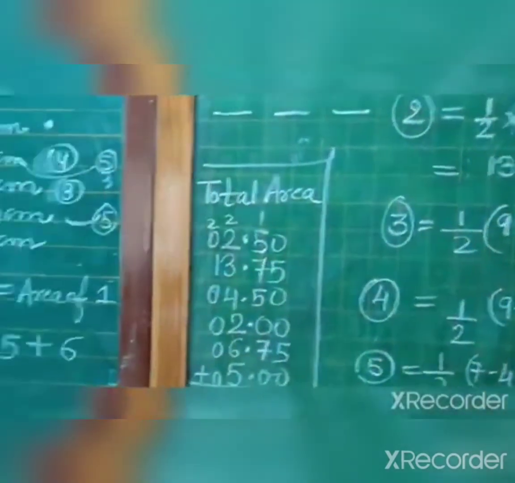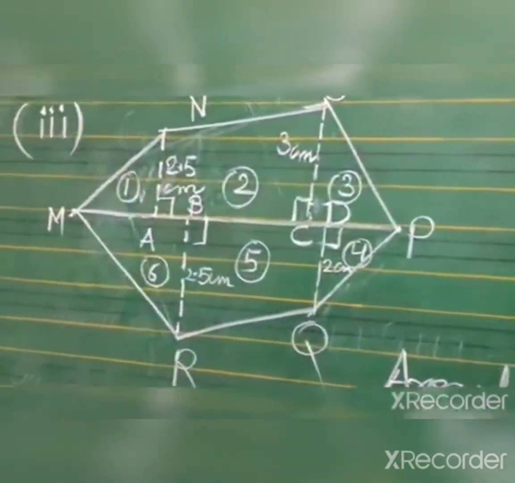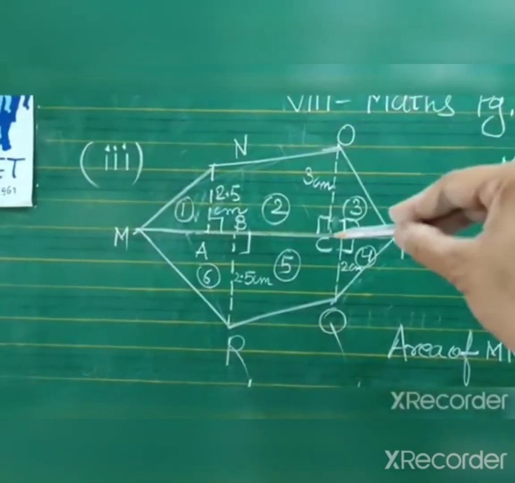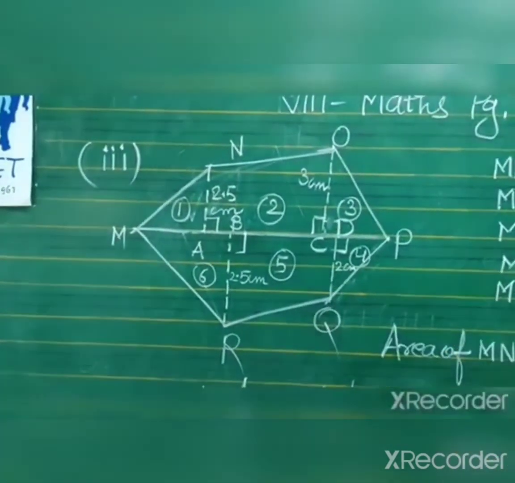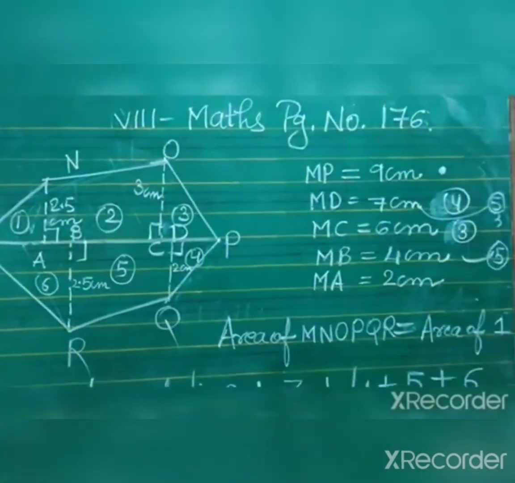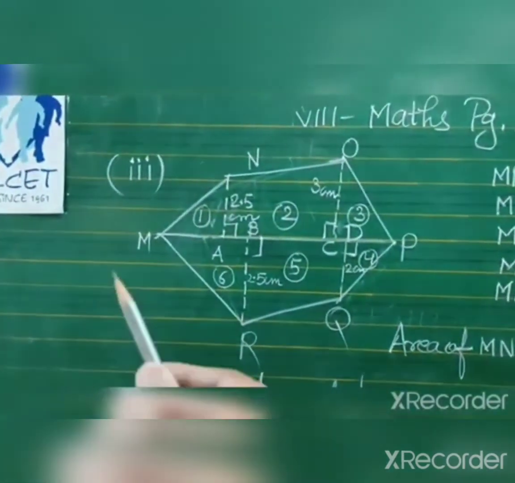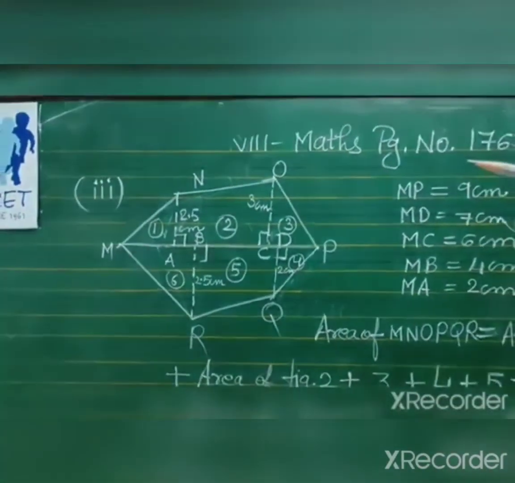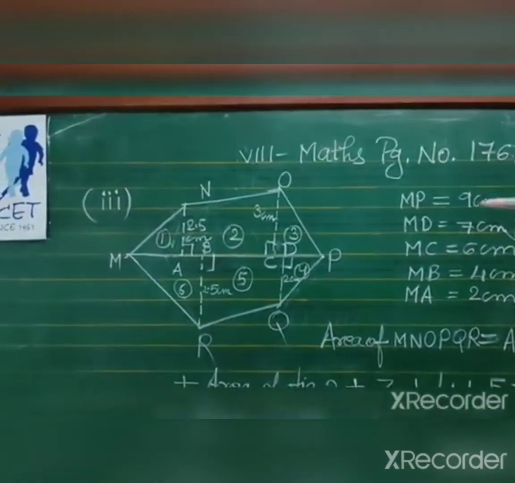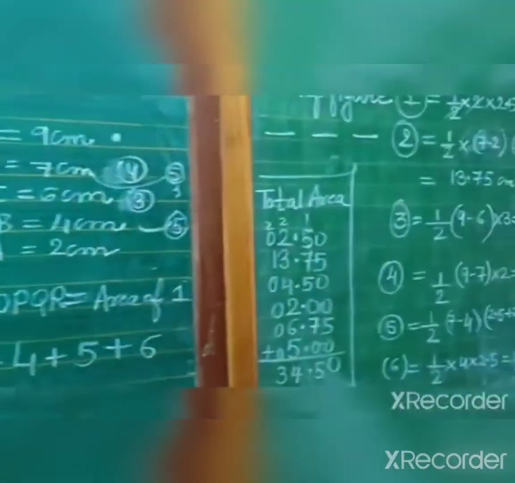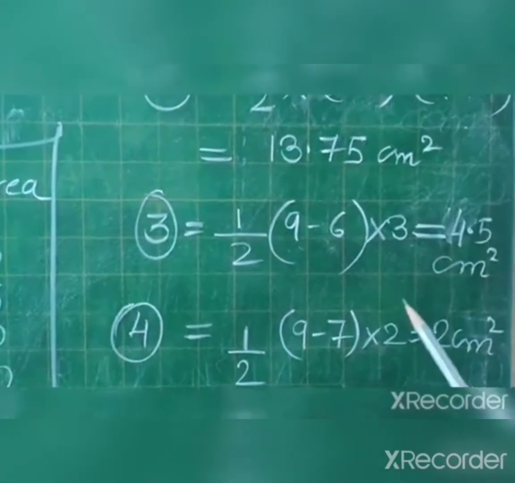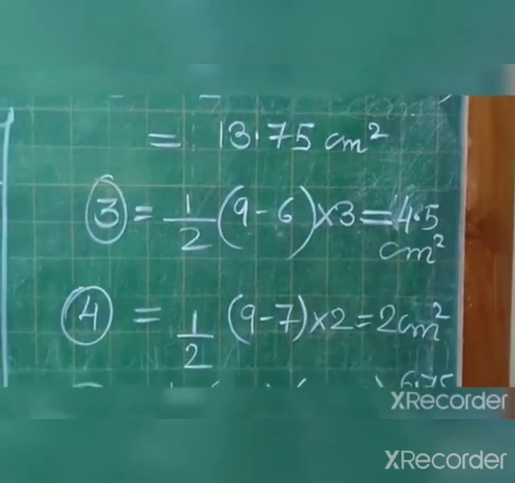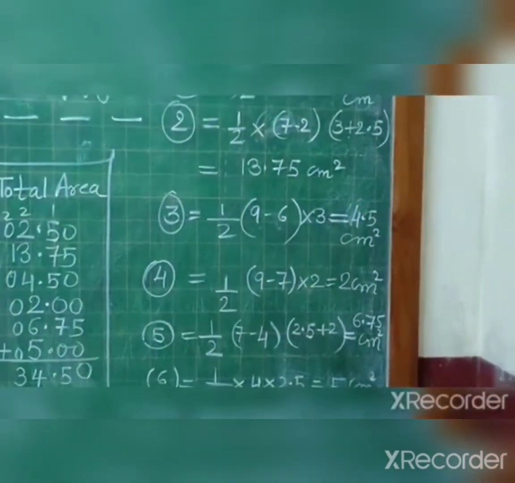Now figure number 3, you can see right angle triangle. So perpendicular, that means height is this and base CP. CP again is not given. So what we can do? MP minus MC. 9 minus 6, 3. So figure number 3, area of 3 3s are 9. 9 divided by 2, 4.5 centimeter square.